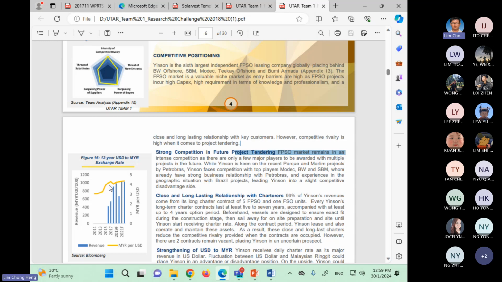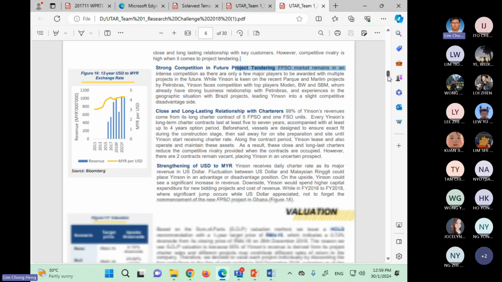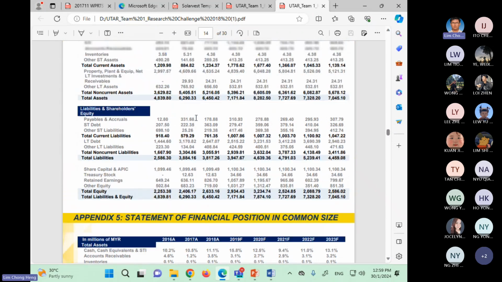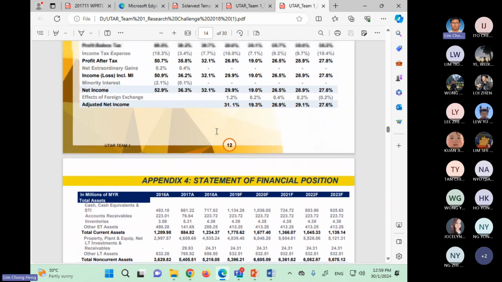Simple, and I just limit the content to 10 pages. I never limit the appendix. So you need to fully utilize the appendix. Example, the same thing, only 10 pages. So appendix. Everything they put in the appendix.